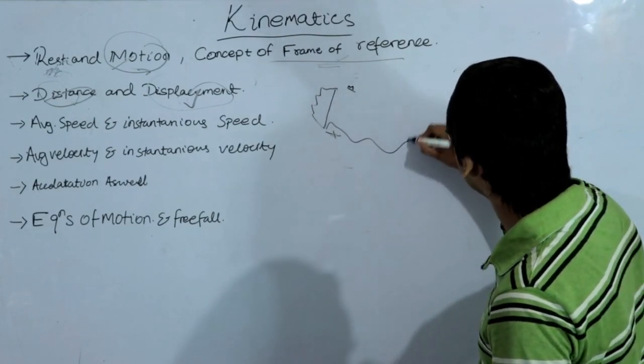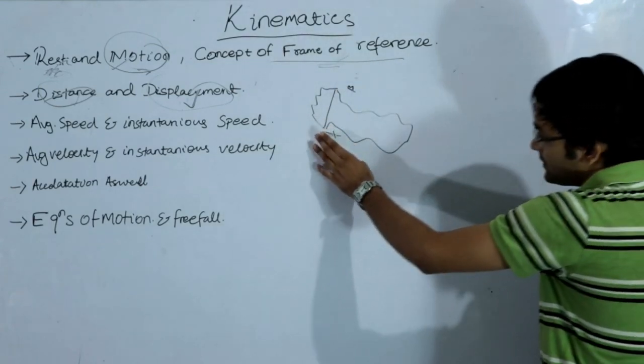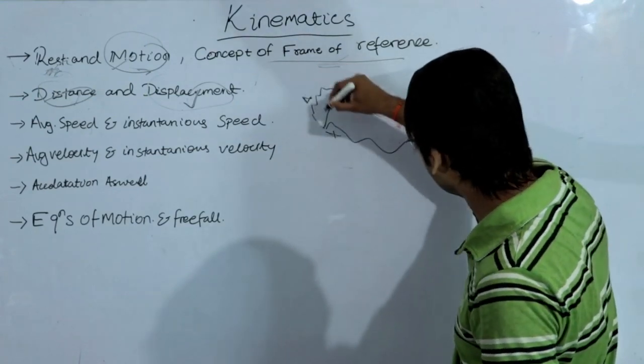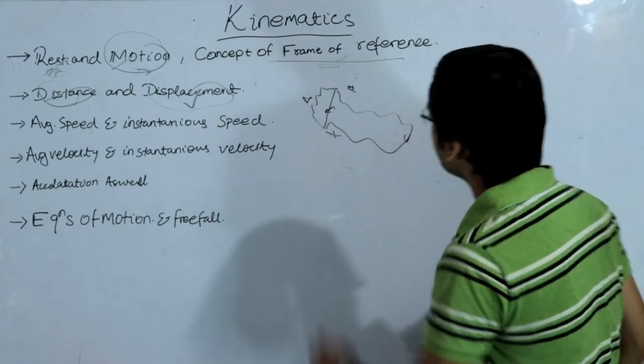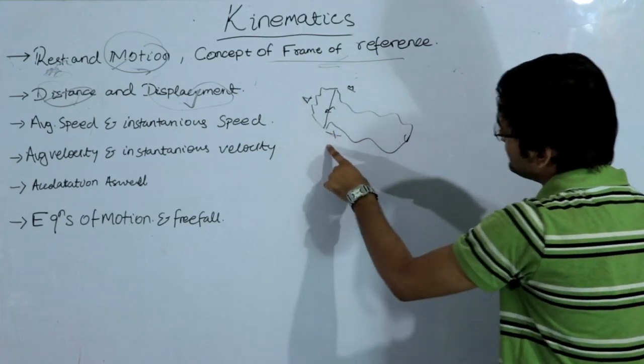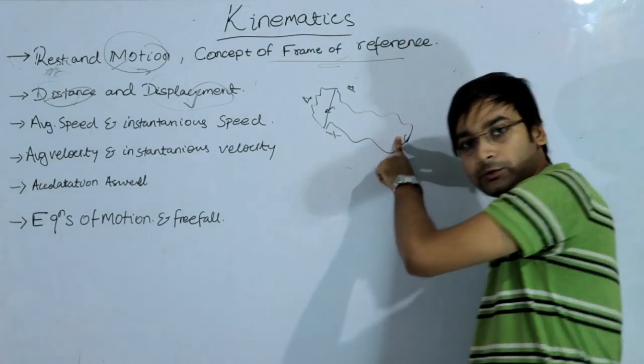Another one took a crazy way and then reached it. Suppose this is B and this is C. Now my question is, how much distance is traveled by guy A, guy B and guy C respectively? How can you answer it?